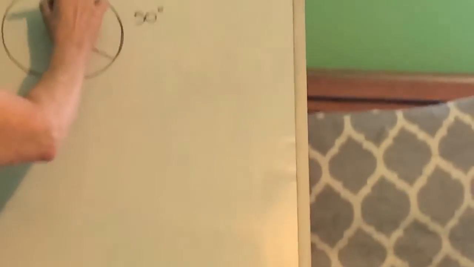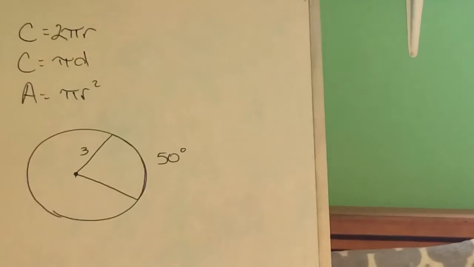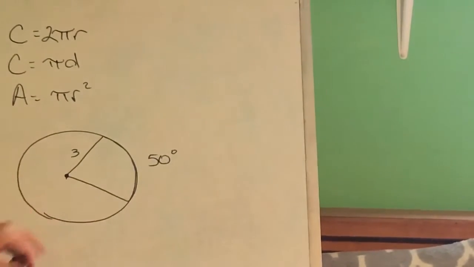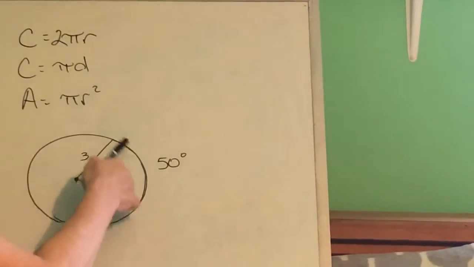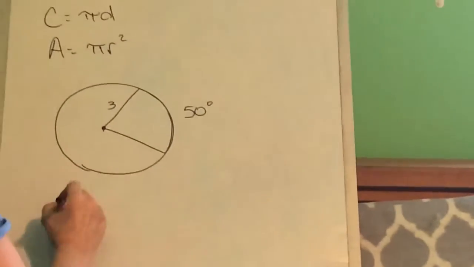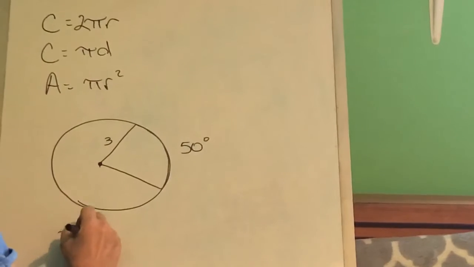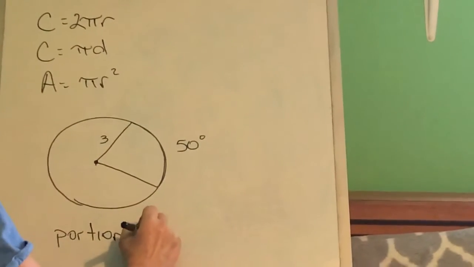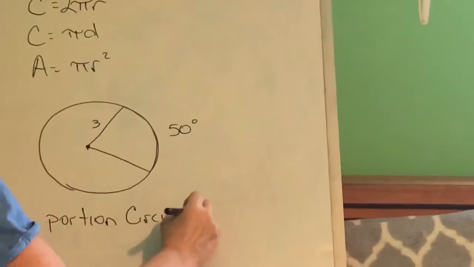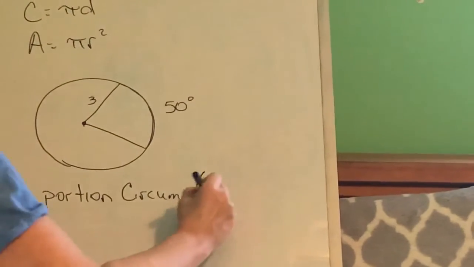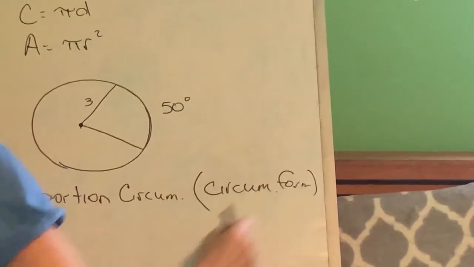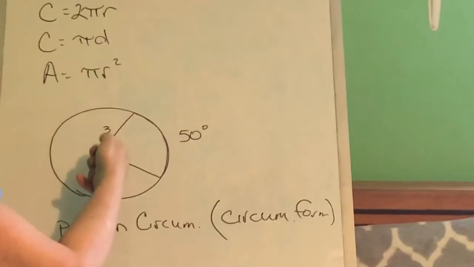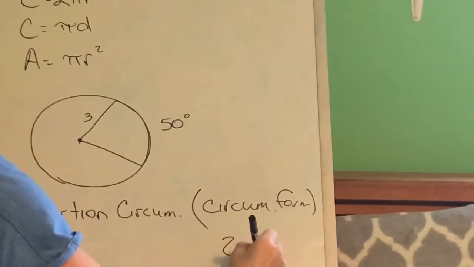So if I'm told that the radius of the circle is 3, that means every radius of the circle would be 3, and that I have a 50-degree arc here, we can determine the arc length using their formula, which is basically we want to find out what portion of the circumference we have, and then we want to multiply it by the actual circumference formula, which is, in this case, what we would want since we know the radius, 2 pi r.